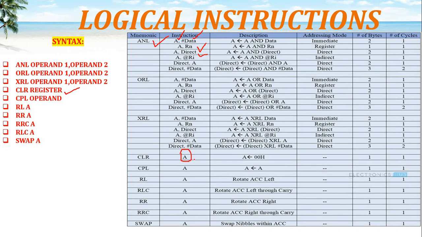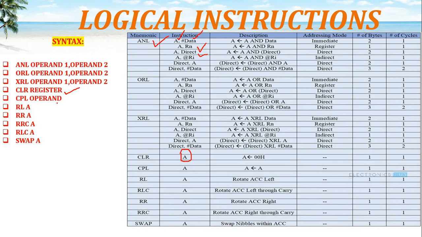Here I have given an example as CLR A, that is clear accumulator. I can also use CLR Rn. Rn indicates 0 to 7. Total 8 bits we are having, so 8-bit registers 0 to 7. If I'm giving MOV A comma R2, then if I need to clear R2, it means CLR R2. So the R2 register will get cleared.